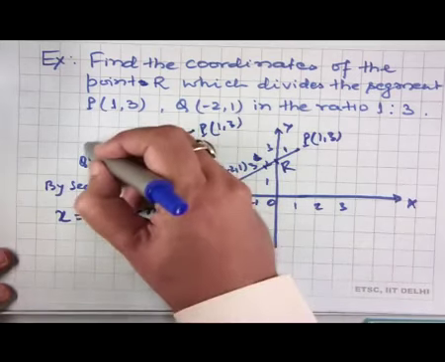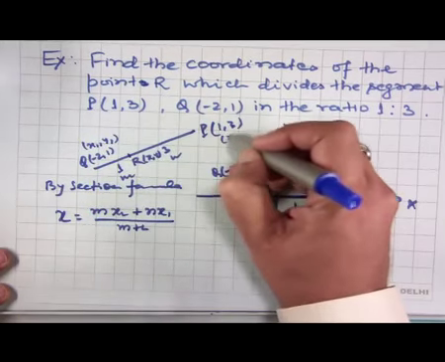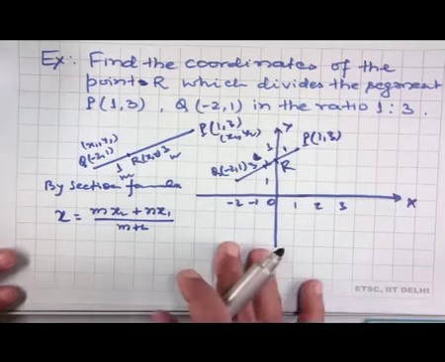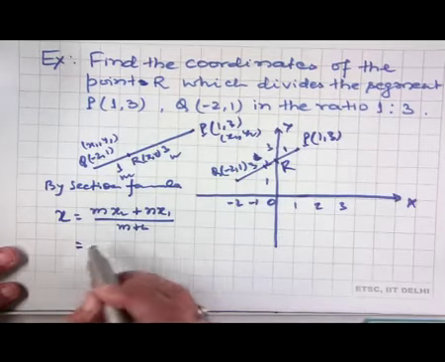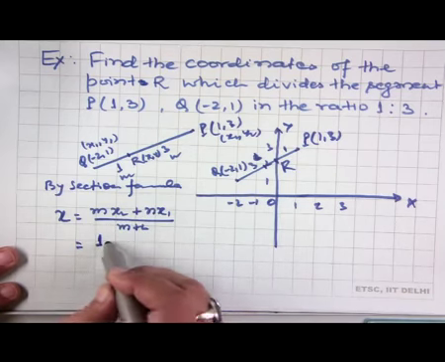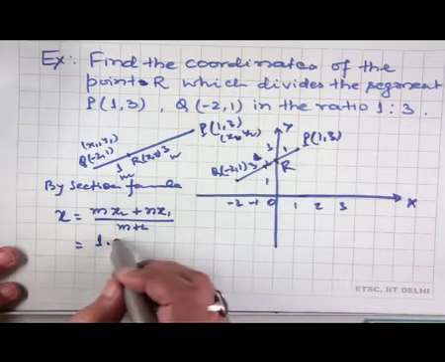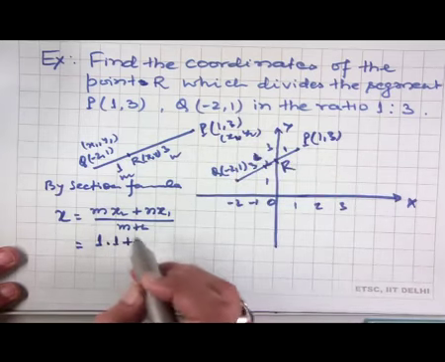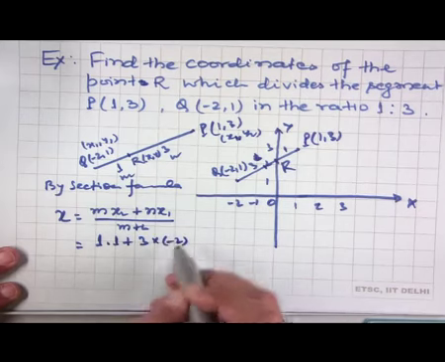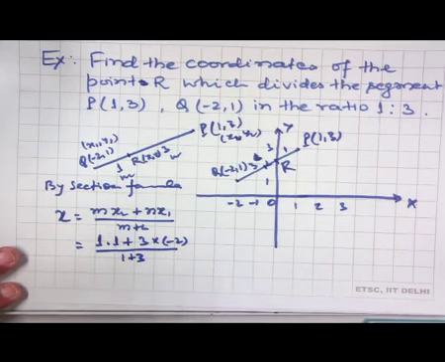And this is x1, this is y1, and this is x2, this is y2. So the value of m is 1, and x2 is minus 2: 1 into minus 2 plus 3 into 1 by 1 plus 3.